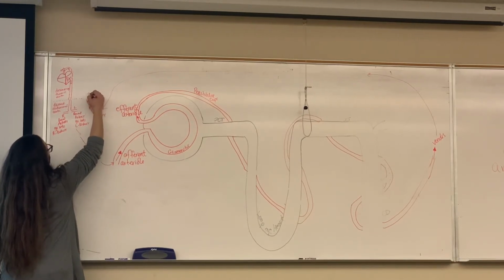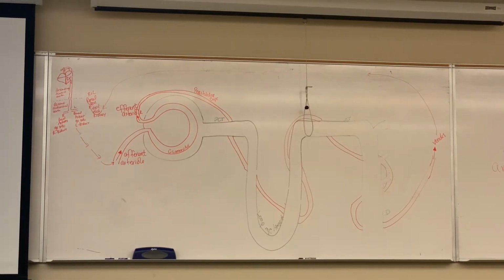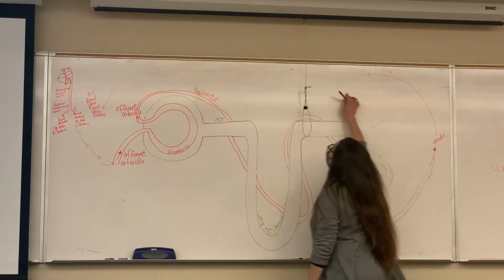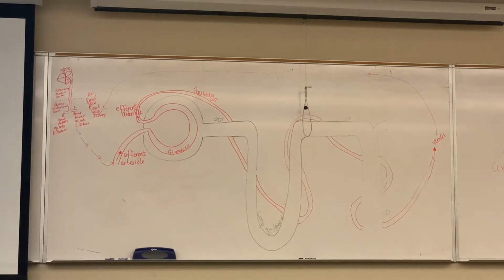You have a right and a left. You exit the left kidney through the left renal vein. You exit the right kidney through the right renal vein. And these 3 veins between the venules and the renal vein, we're not learning the names of those.